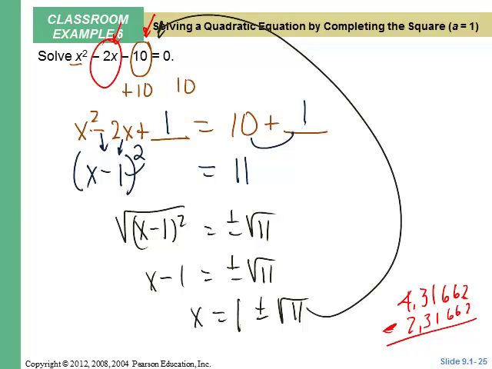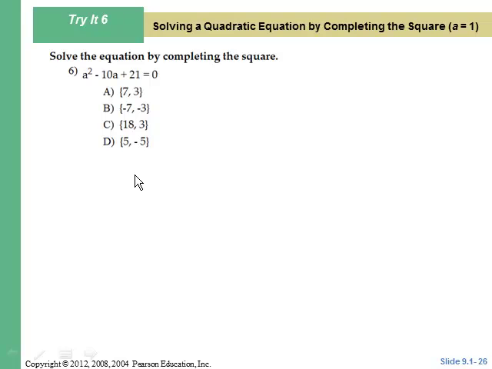Okay, next one. Now we know this factors into 7 and 3, but let's see how that works with completing the square. A squared minus 10a plus blank equals negative 21.